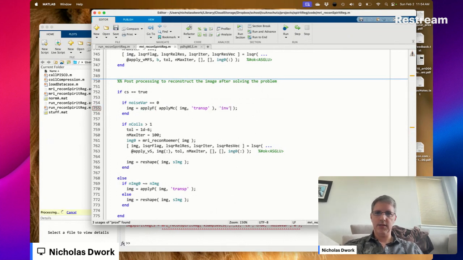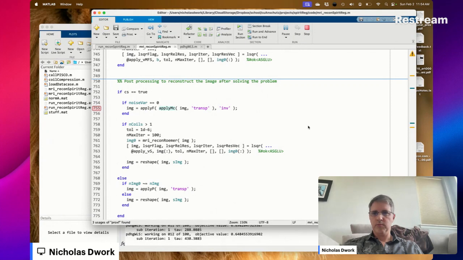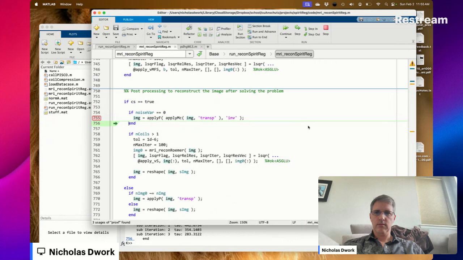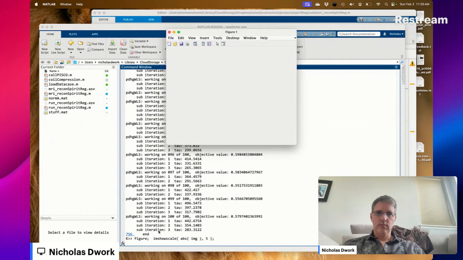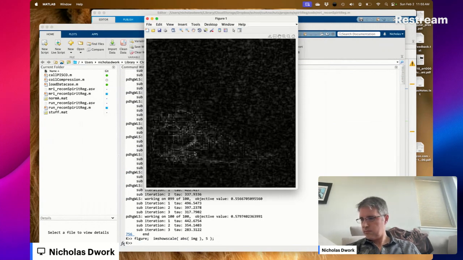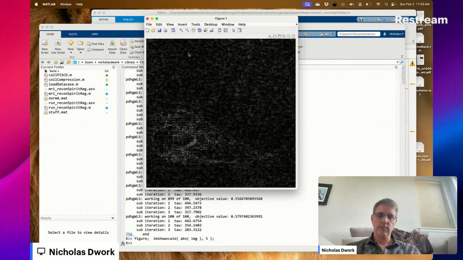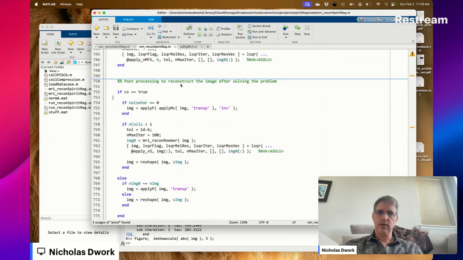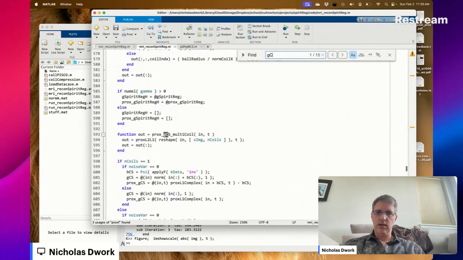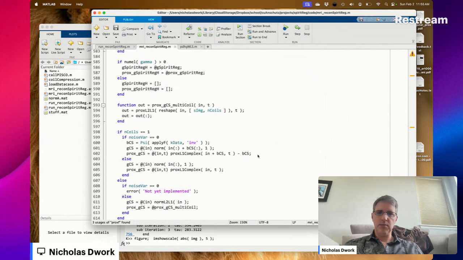There's only apply F inverse. That is a terrible result. I just can't help thinking it's in prox L1 conjugate.